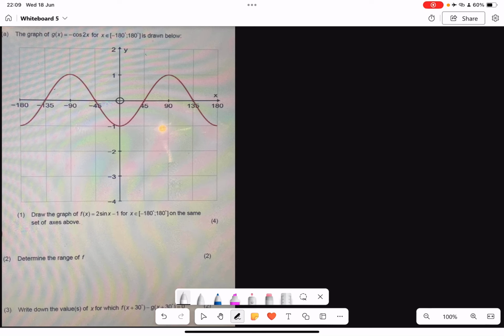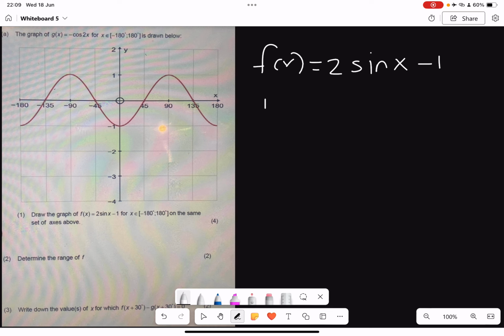So we are firstly asked to draw the graph of f on the same interval and on the same set of axes as above. So I can see that the graph of f of x is basically 2 sine x minus 1.